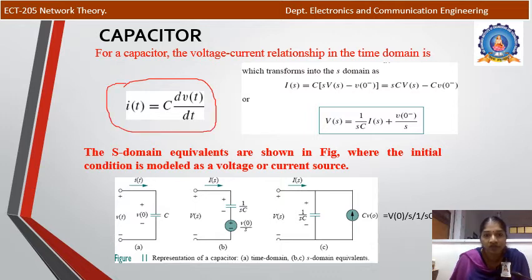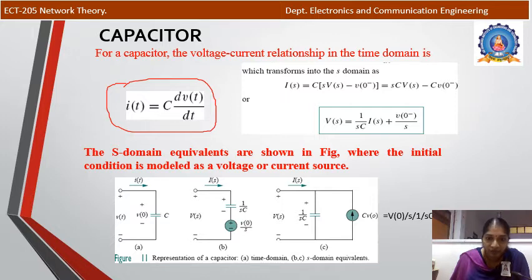I of t is equal to I of s, and C into dV of t by dt is a differential, so we apply the differential Laplace transform, that is s into V of s minus V of 0 minus, that is equal to sC V of s minus C V of 0 minus, right? So from this, writing the equation for V of s, we get V of s is equal to 1 by sC I of s plus V0 by s.